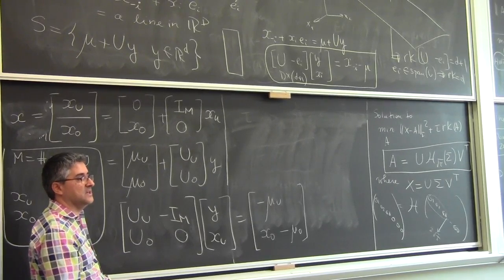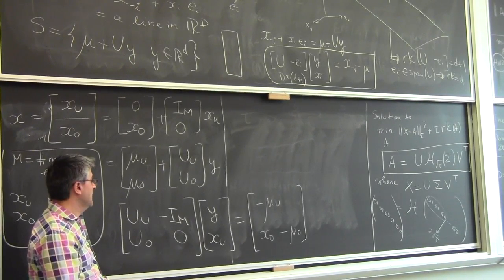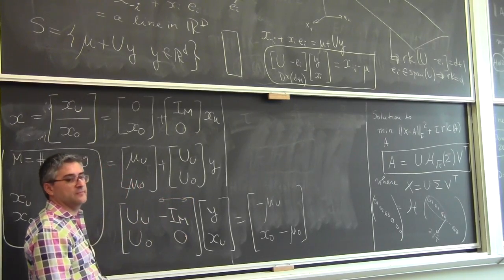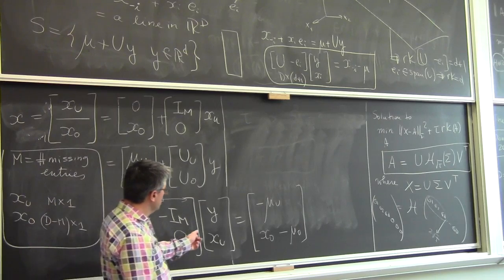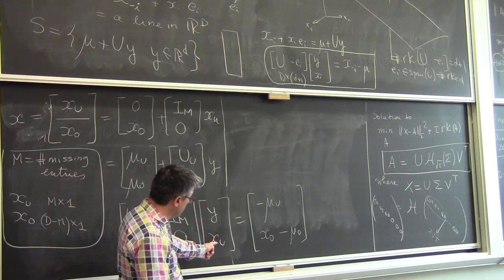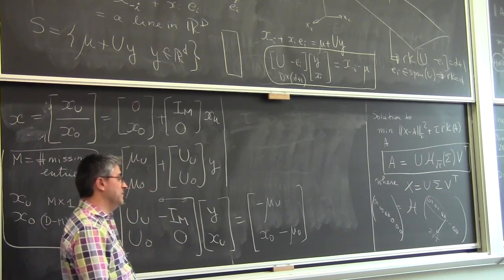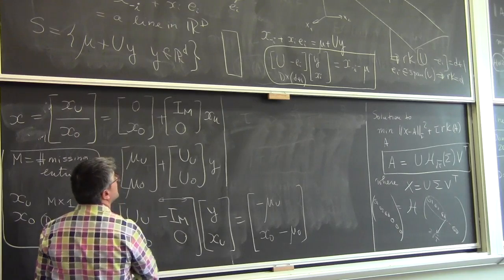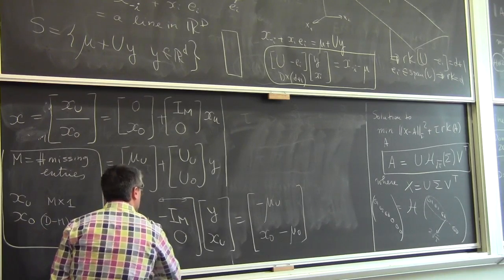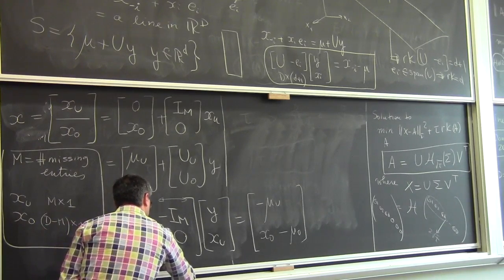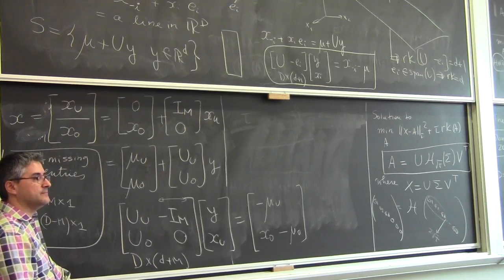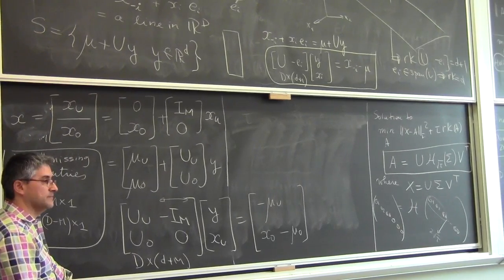Columns of the identity associated with the missing entries. And now the only difference is that I've got m of them as opposed to 1. And the equation is the same, low dimensional coordinates, but now I've got to also compute the number of missing entries. And the dimension of this matrix is now d times d plus m. Right? Correct? Good.